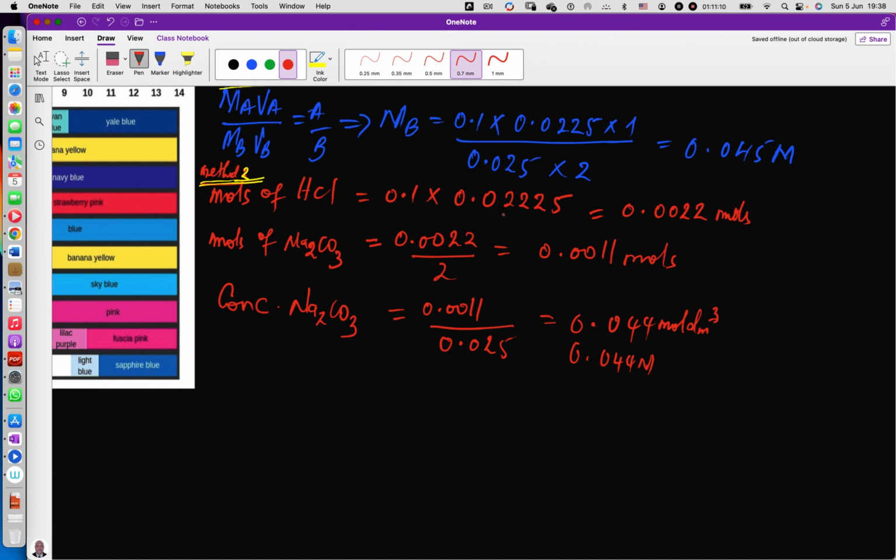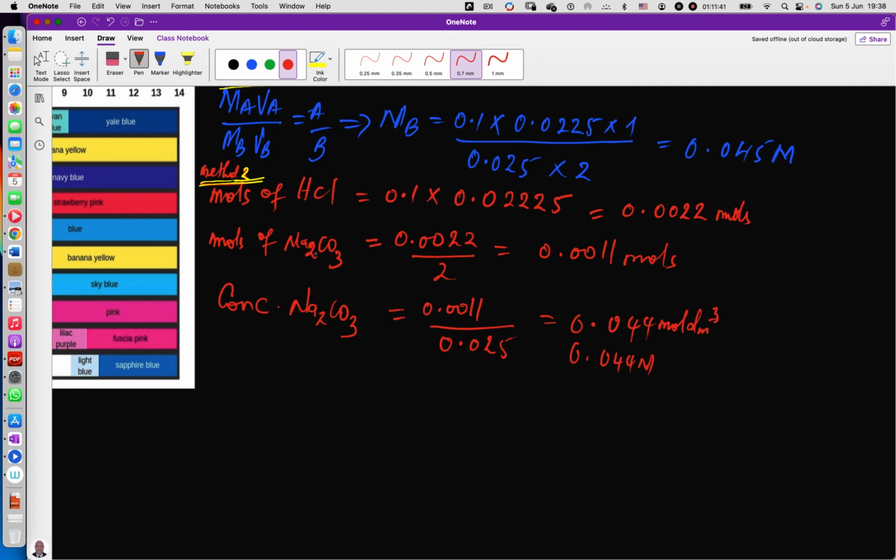The volume will be in dm cube, so we have to convert it. When we divide that volume that we had for hydrochloric acid, then we multiply it by the molarity, and we have the number of moles for hydrochloric acid.